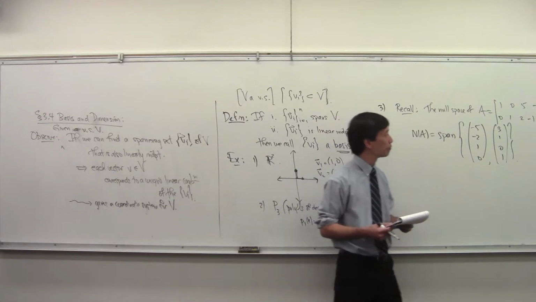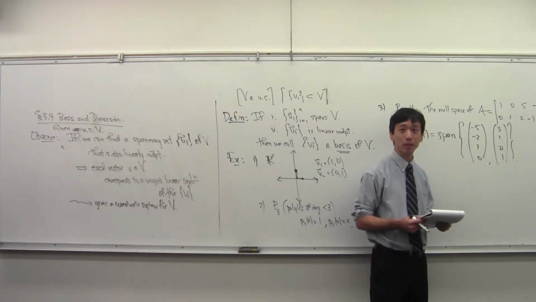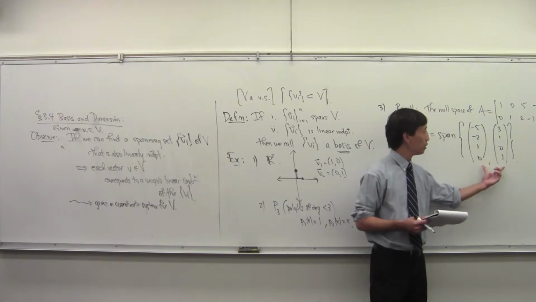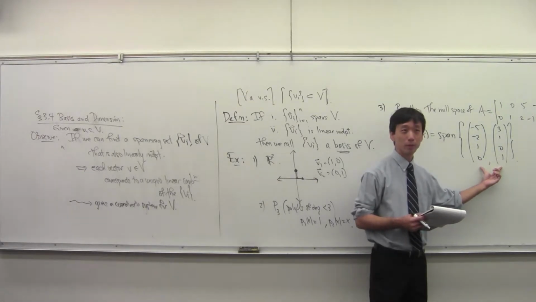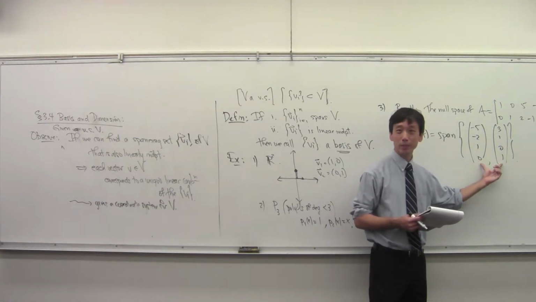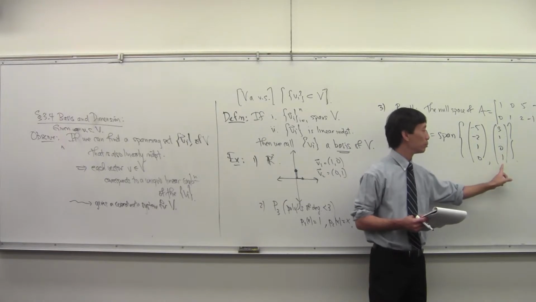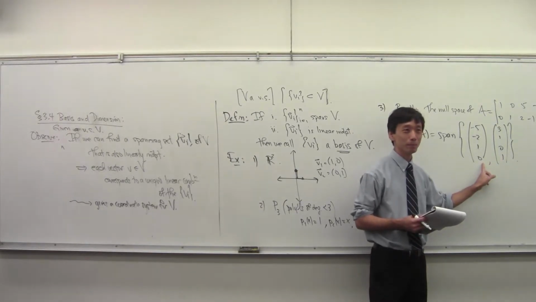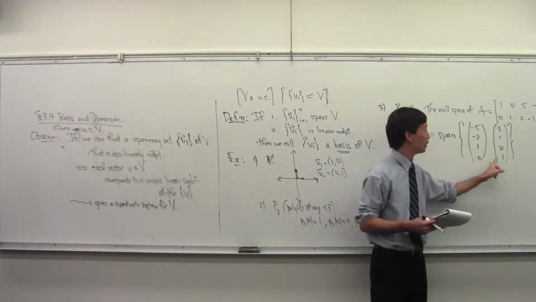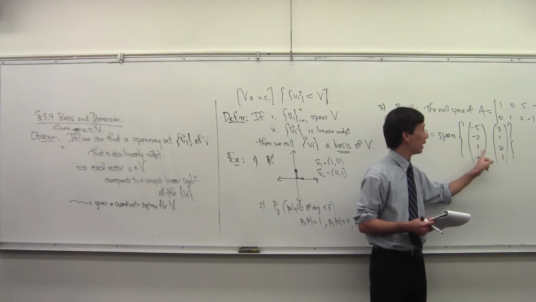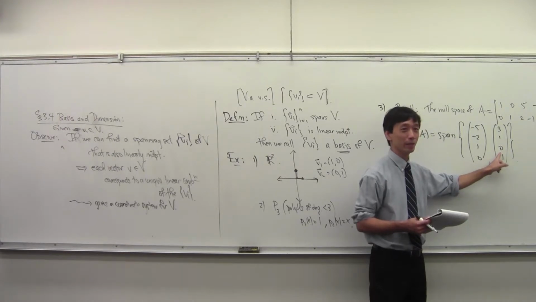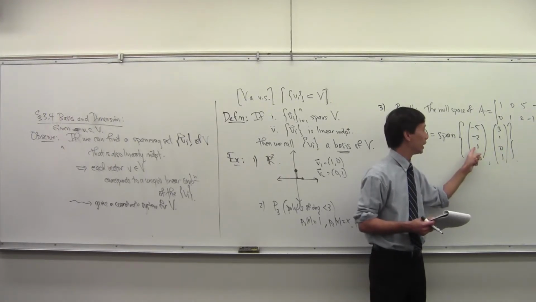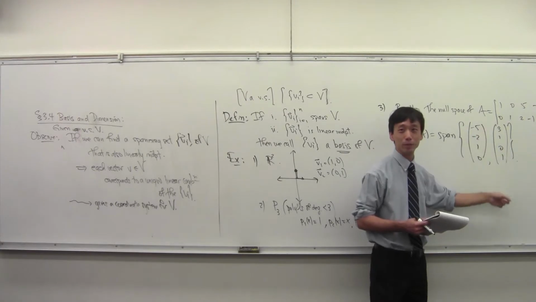Now, look at these vectors. Are they linearly independent? Are they dependent, say? Is this guy a multiple of that guy? No, right? Impossible. We can't multiply this guy and get to that guy, because to get the 0 here, you'd have to multiply this whole thing by 0, and that would give you 0.